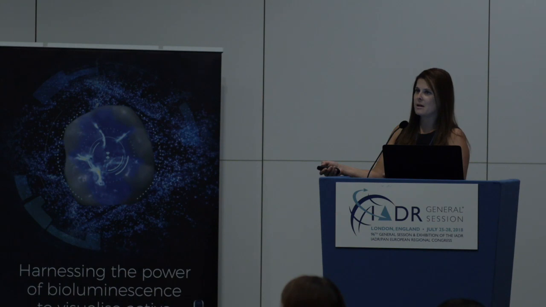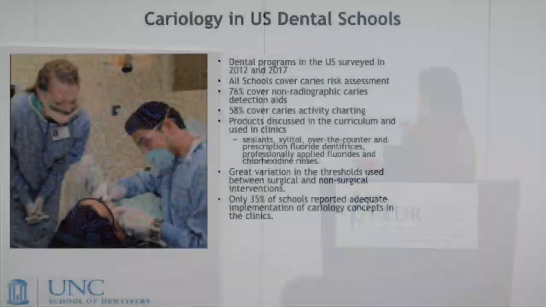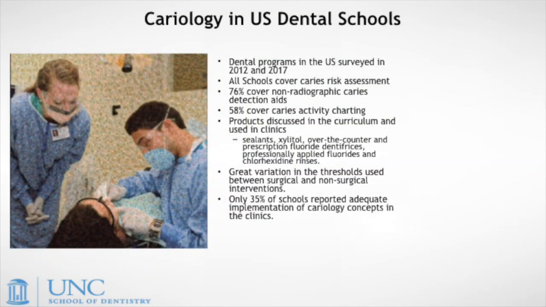So dentists really need to have something else to help them decide what is the prognosis for a surface and how to decide what they should do to each surface, which one is more likely to progress. As we have just heard, how dentists are taught plays a big role.